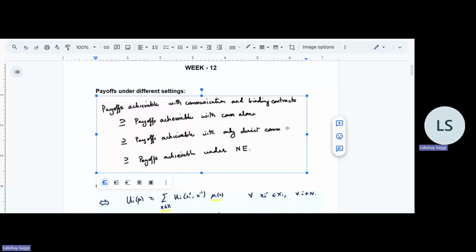And then if you allow only direct communication, then the payoffs which are possible expand to a convex hull of these Nash equilibriums. So suppose in Nash equilibrium there are some K strategies, then any randomized strategy which is a convex combination of these K strategies can be realized using direct communication.